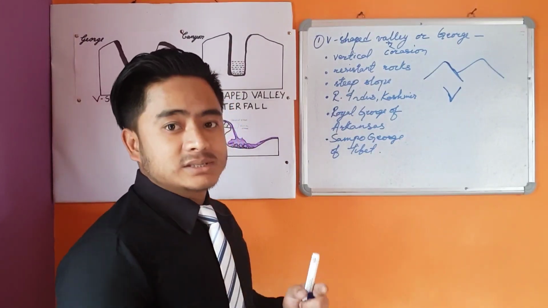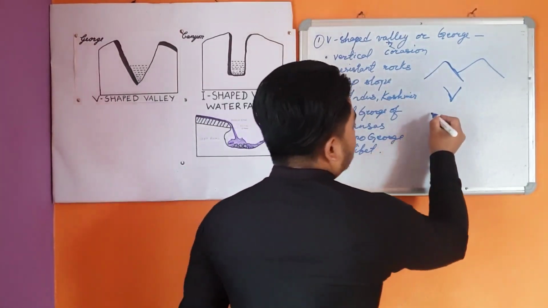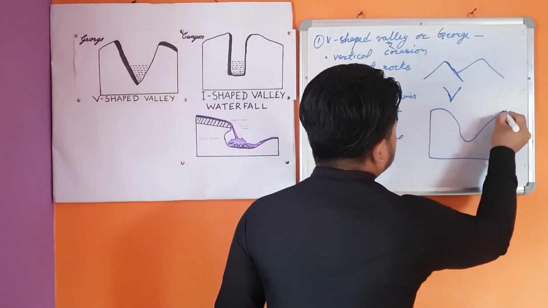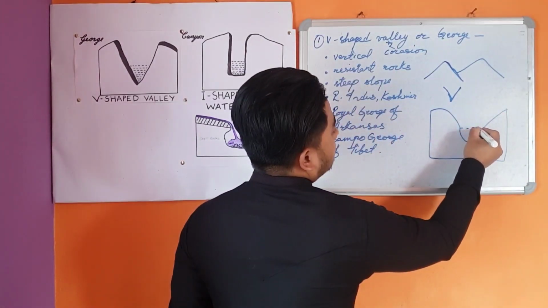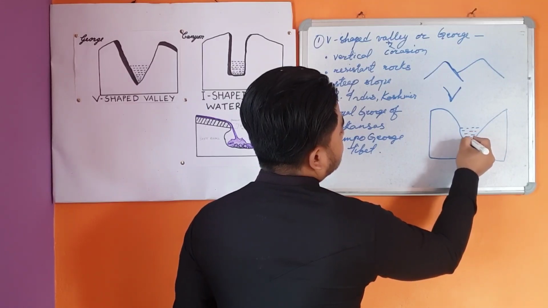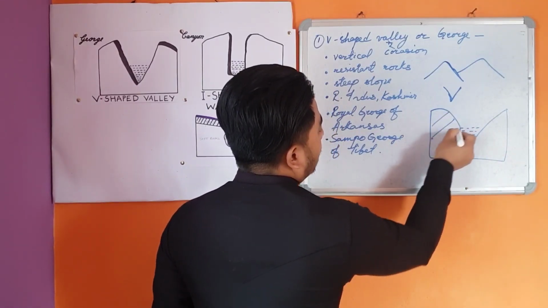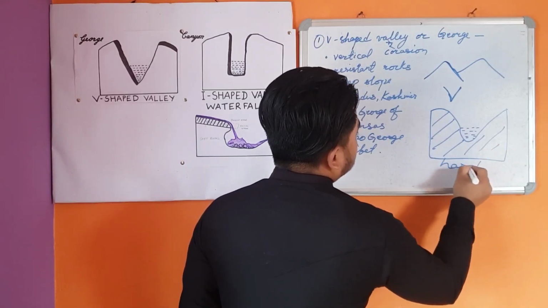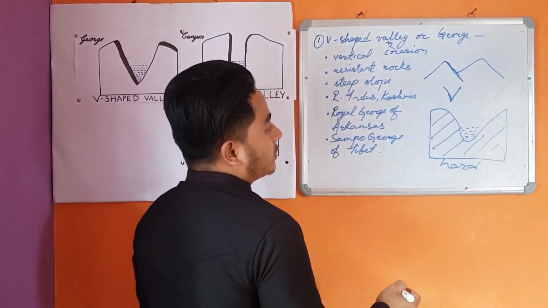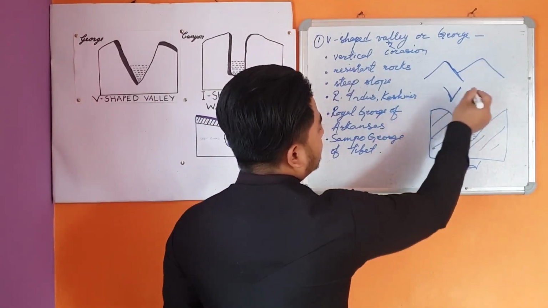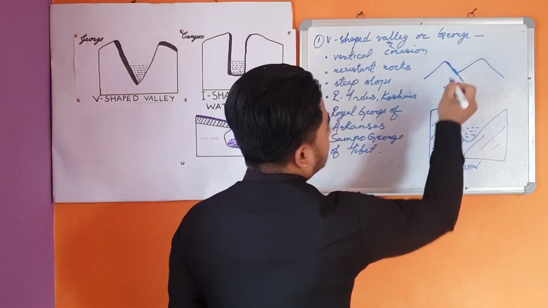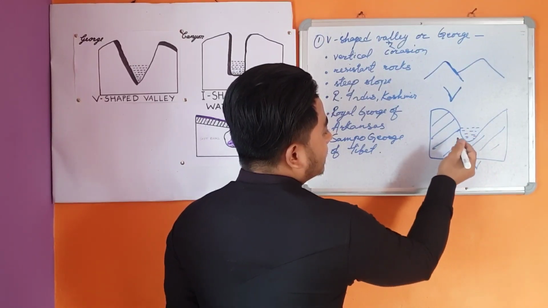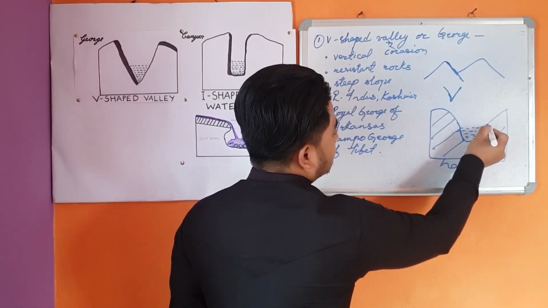Let me explain this in detail. For example, if this is a river channel and the river is flowing over here, and see, these rocks in the mountainous areas are hard rocks or resistant rocks, and the slope of the land is very steep in the upper course. So when the river flows, at that time river cannot undergo side cutting.